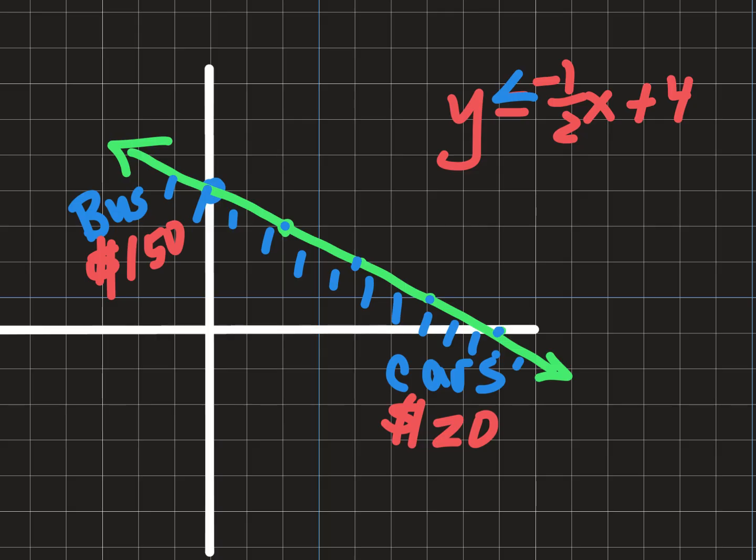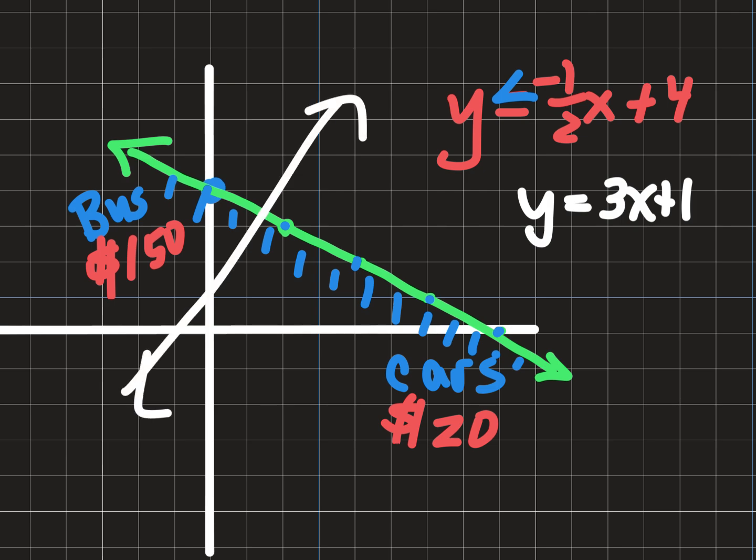Now, if I made another y equals equation, like, don't write this down. I'm just saying if. If I made another y equals equation like y equals 3x plus 1, and I did something like that, then you could find that point of intersection with the calculator. So I know you could do that. We just did something like that.